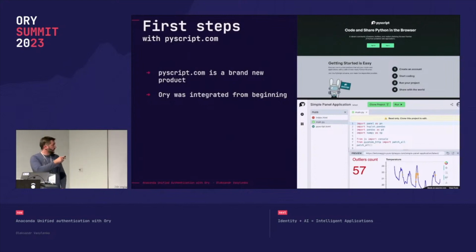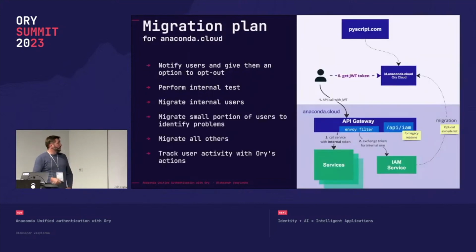During this integration, because there were initially no users, we could make some adjustments and get early feedback, and also obtain knowledge by making this integration successful. Once we migrated PyScript, we started migration for Ory Cloud.